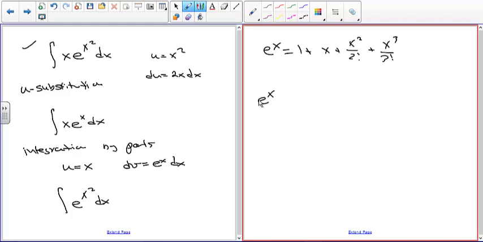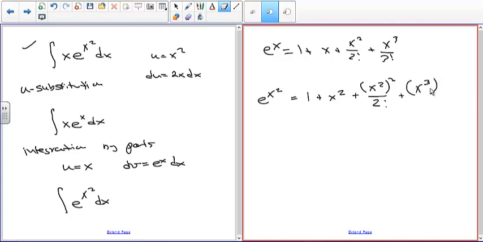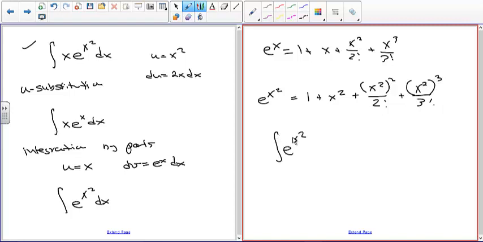Therefore, e to the x squared is going to be 1 plus x squared plus x squared squared over 2 factorial plus x squared cubed over 3 factorial.